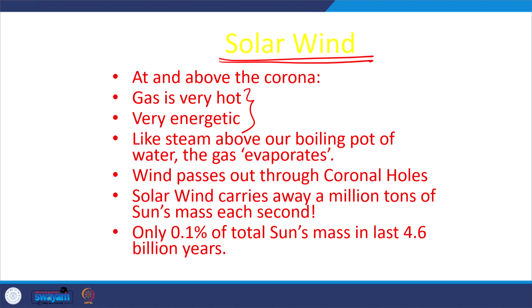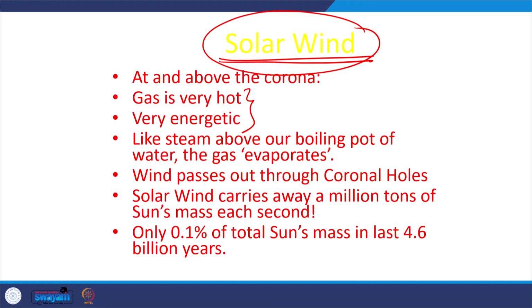Okay, simple, right? So which means solar wind, as we see, carries away millions of tons of solar mass each second. What all constitutes solar wind, which particles will come through solar wind, and what are the typical energies, etc., that we will discuss much later.